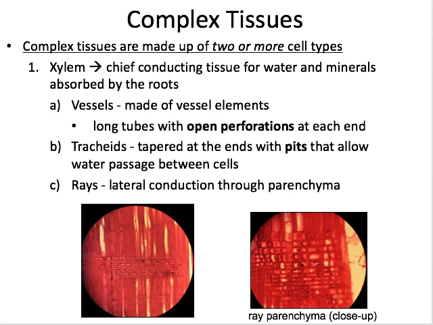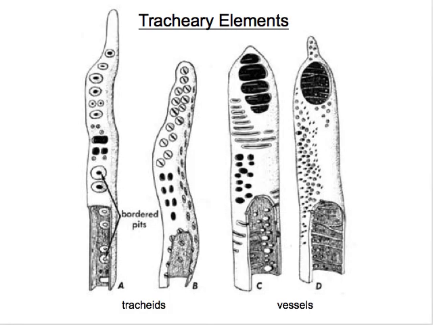These vessels and these tracheids often appear side by side in those vascular plants. In tracheids, these pits tend to form whenever they come in contact with each other. Here we can see the tracheids versus the vessels side by side. You can see that the tracheids have pits on the ends but not big openings or perforations, versus the vessels have big openings.